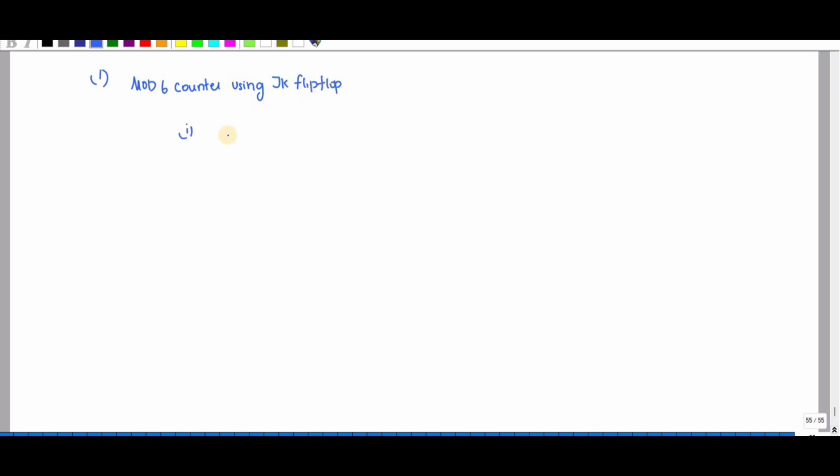For the first step, 2 power n is greater than or equal to N. So here 2 power n is greater than or equal to 6, since the N value is 6. So what is the value of n?